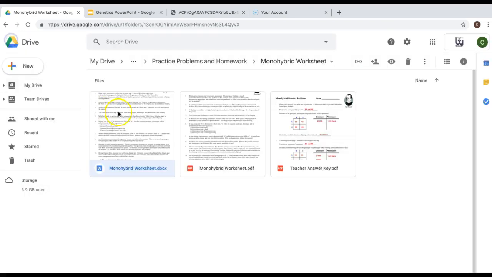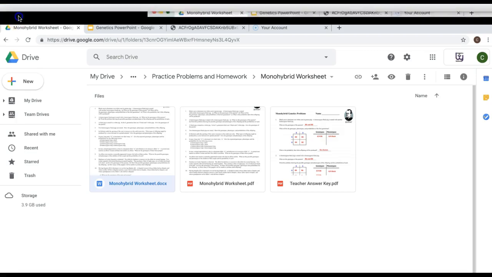When you get done, you can move on to the second section, starting on page 8, independent assortment. We're going to look at dihybrid crosses, and we will stop there on page 11. I hope you enjoy this new way of learning. I know this was a fairly lengthy PowerPoint.